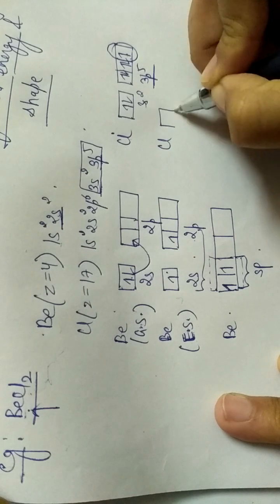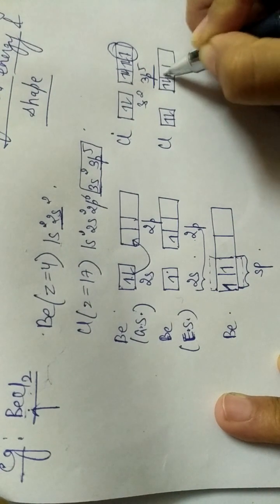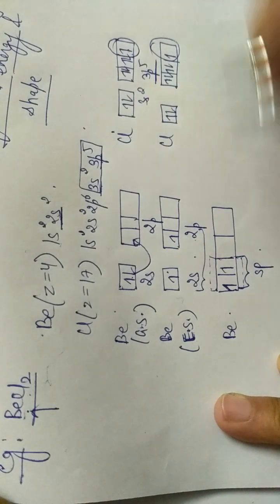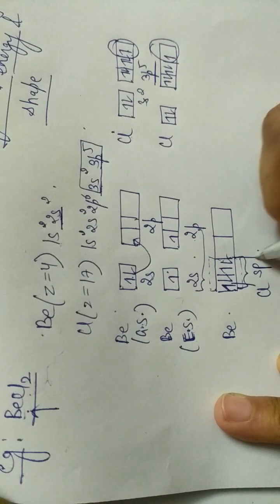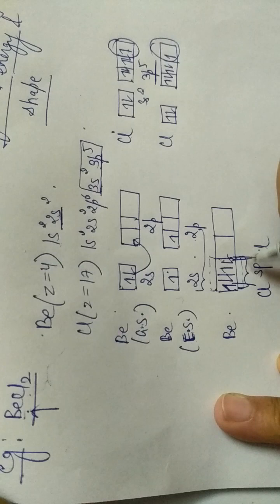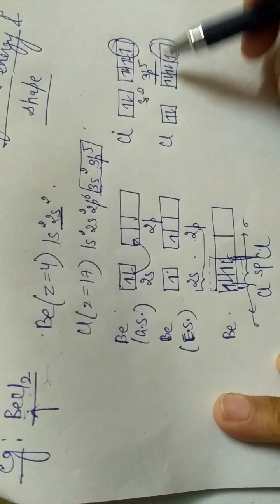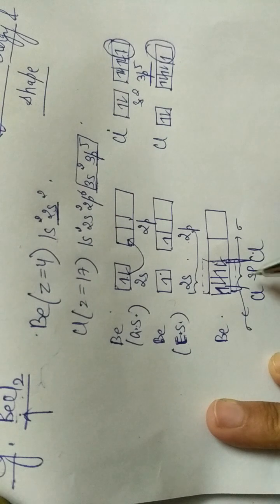We can similarly write the electronic configuration of the second chlorine atom. It also has one unpaired electron. So these two unpaired electrons will form bonds with these two orbitals of beryllium. That is a sigma bond, because one electron is coming from beryllium and one electron is coming from chlorine. So that is why it is a sigma bond having sp hybridization.